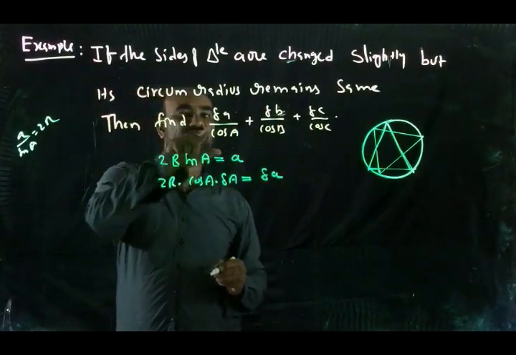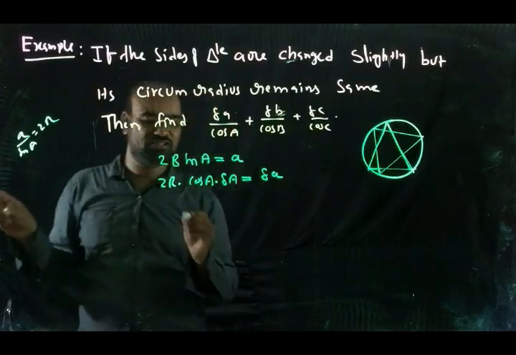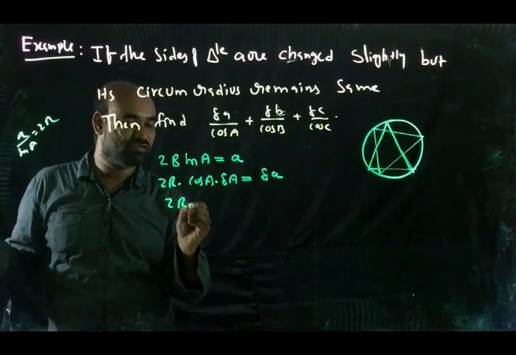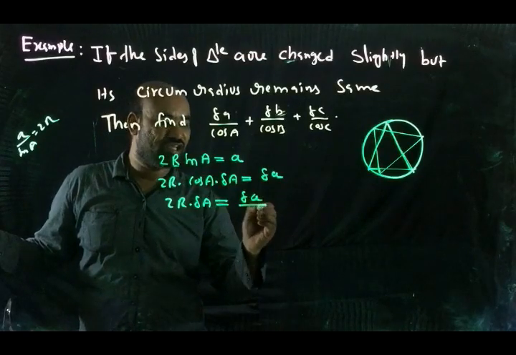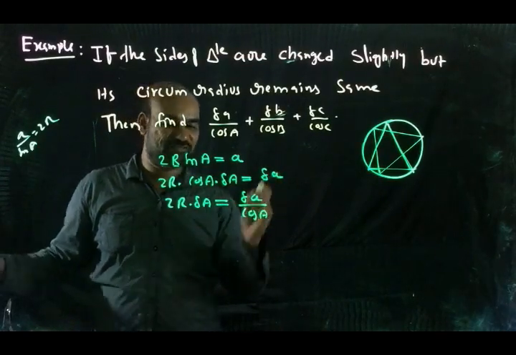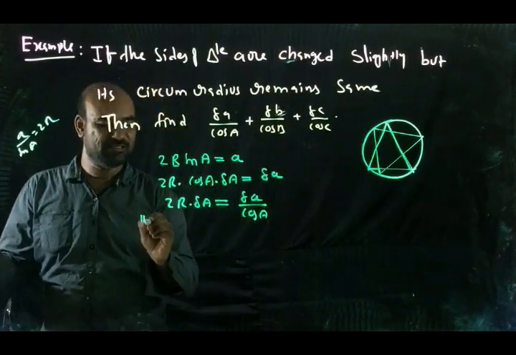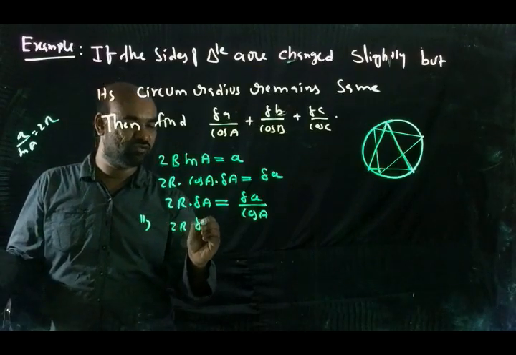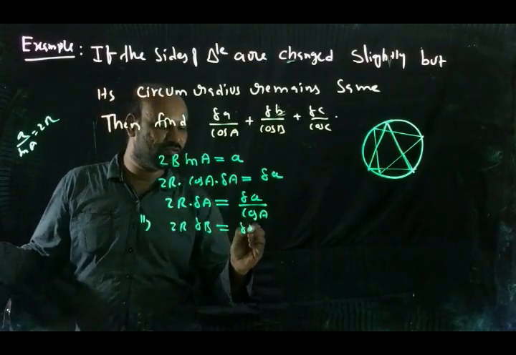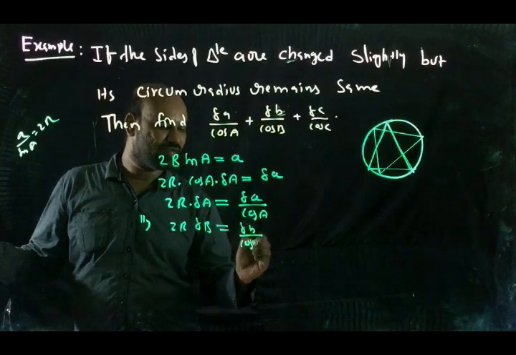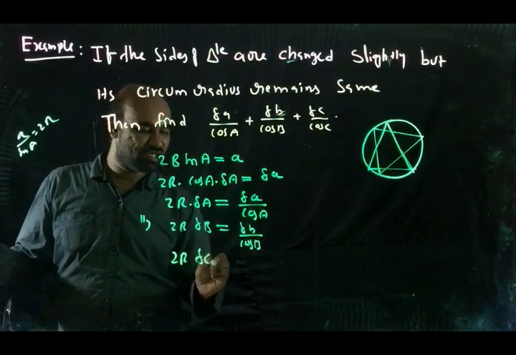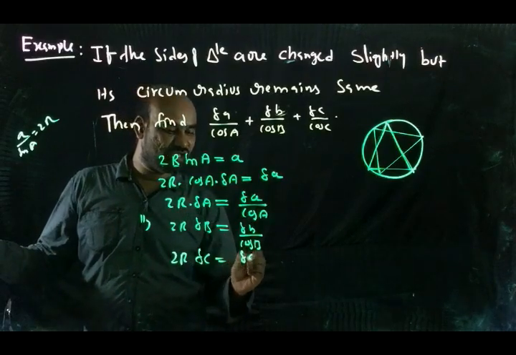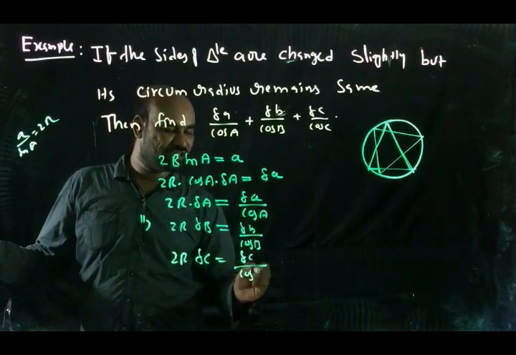But what I want is delta a by cos A. 2R into delta A is equal to delta a by cos A. Similarly, 2R into delta B equal to delta b by cos B. 2R into delta C equal to delta c by cos C.